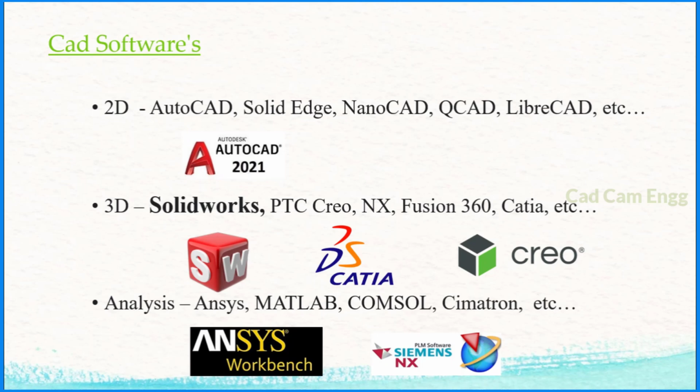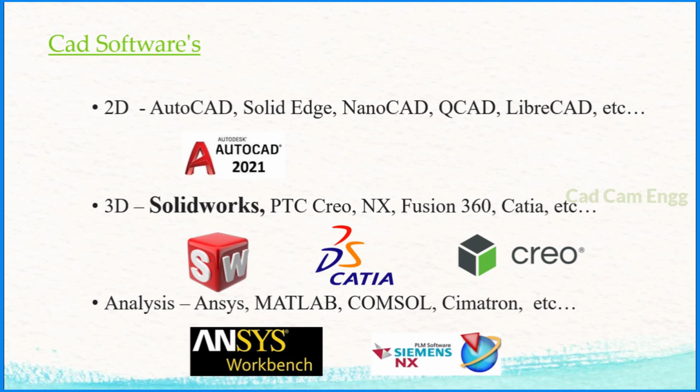2D means we know very well, 2-dimensional. Some softwares like AutoCAD, Solid Edge, NanoCAD, QCAD, LibreCAD, these are some well-known softwares in 2D. And 3D softwares: Solidworks, PTC Creo, NX, Fusion 360, CATIA, these are some of the leading softwares in the market.